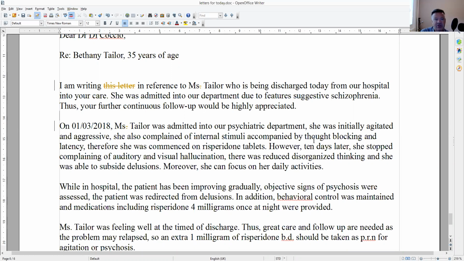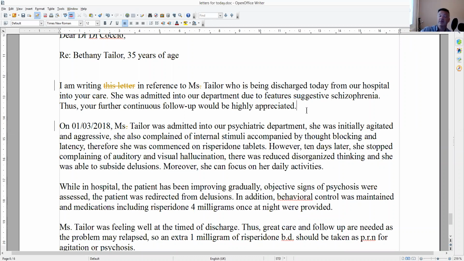As she was agitated and aggressive, she has a complaint of internal stimuli. Did she actually say, I have internal stimuli and thought blocking and latency? I don't think she actually said that. That's not what she said. So that's what you may have found, but that's not what she said.